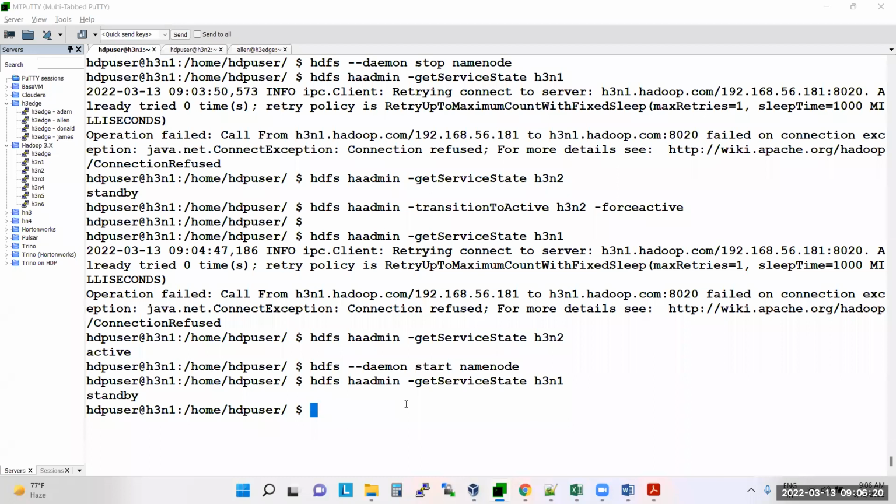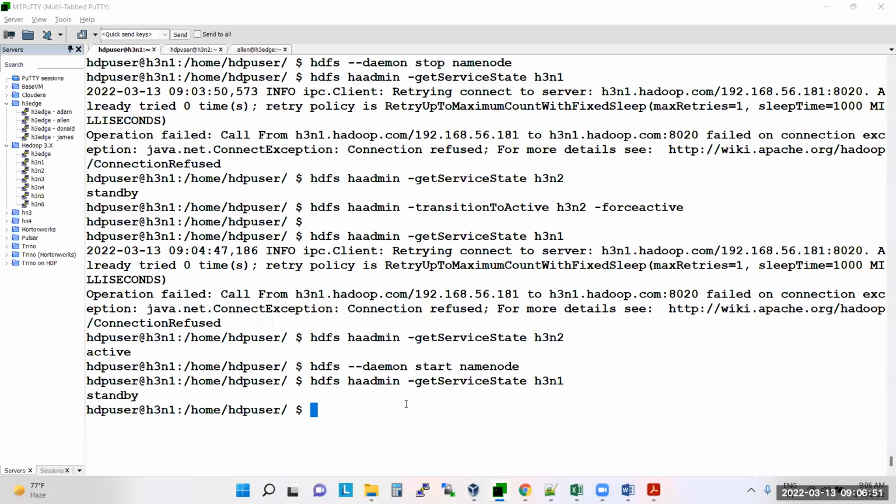If one name node is down and developers contact the Hadoop admin, the admin will immediately make the second name node active, so there won't be much interruption. In 2.x, the journal node concept is introduced.